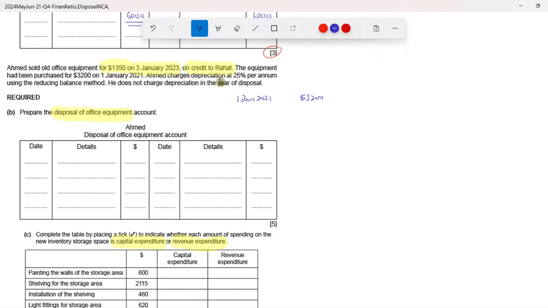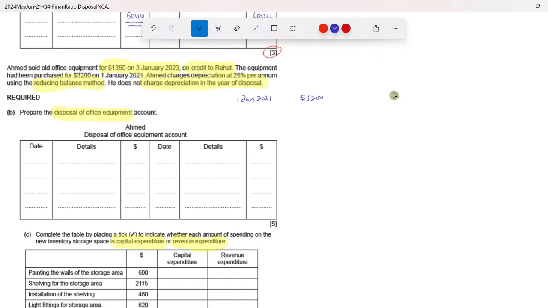Ahmad charges depreciation of 25% per annum using the reducing balance method. So take note, depreciation is using the reducing balance method. He does not charge depreciation in the year of disposal. This is also important. When the office equipment is disposed, right, the office equipment account will be credited.